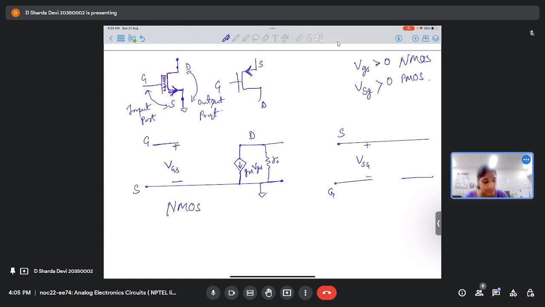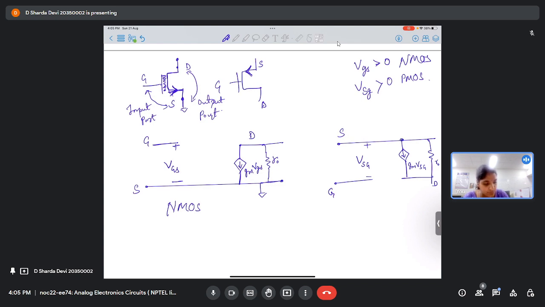Okay. Now comes the turn of the dependent current source. So this will again be gm VSG, it's not VGS. Okay. Yes. And here also we can have r0. Clear? Yes, ma'am. So here you see, where is the current flowing?